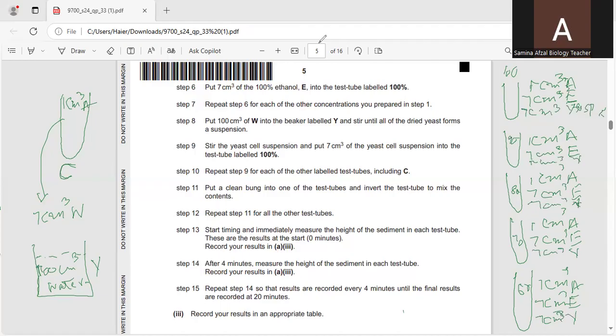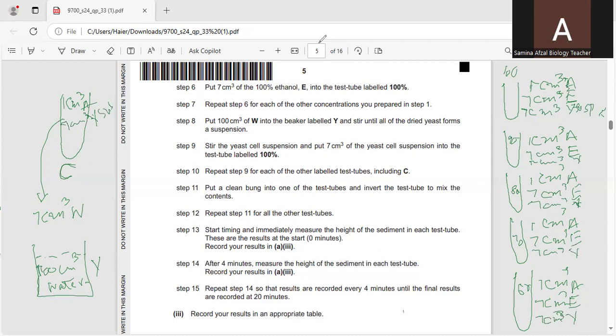And we will also add yeast suspension into the control. So what we have done, first of all, we have made concentrations. Then we have taken one test tube with control. We have added 1 cubic centimeter of calcium chloride solution in all of these test tubes, including the control test tube.